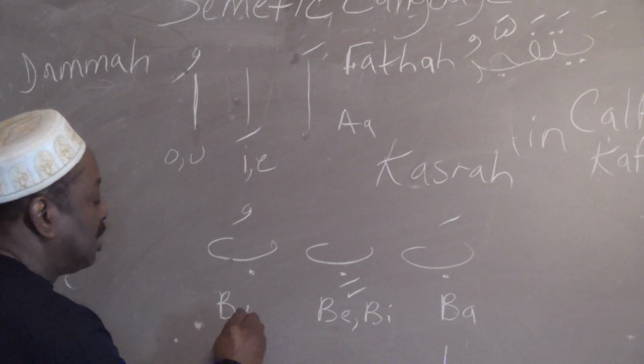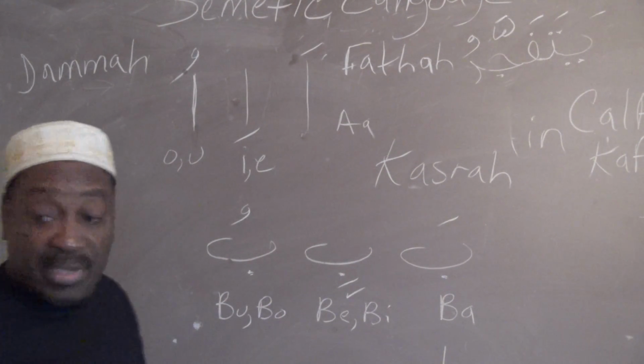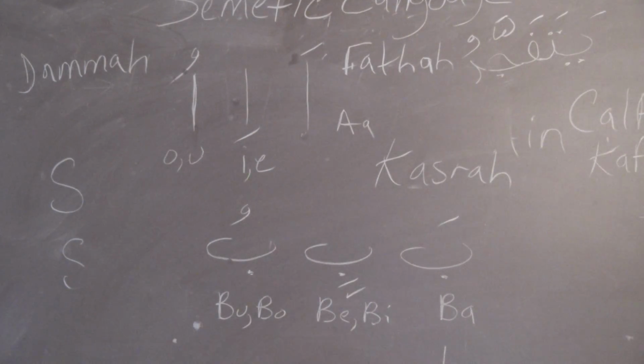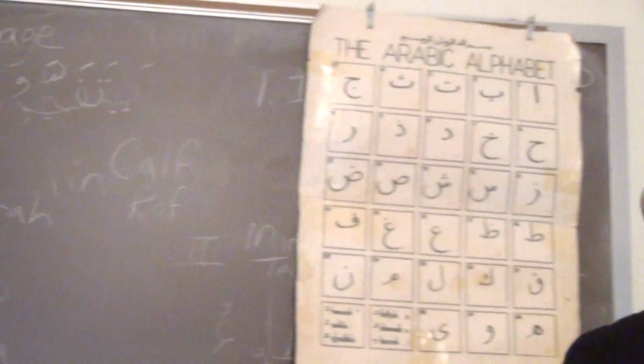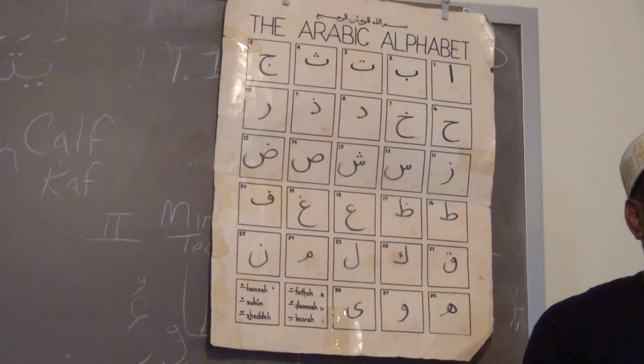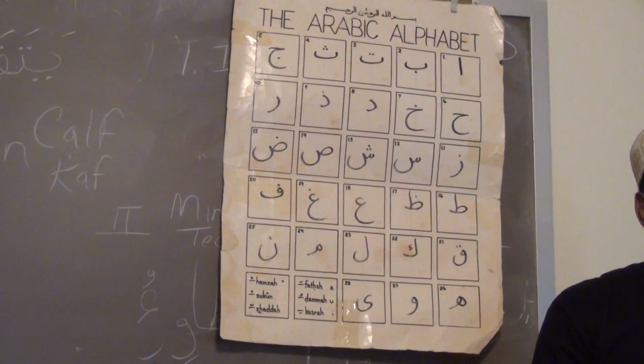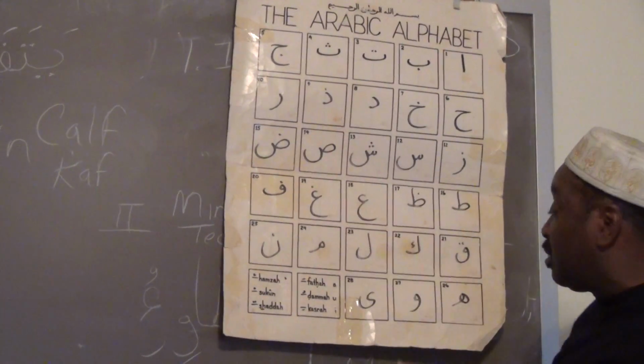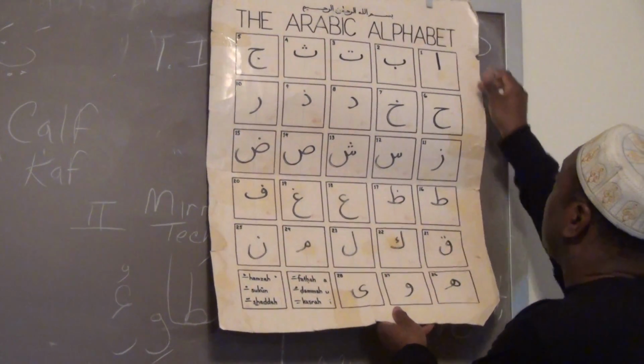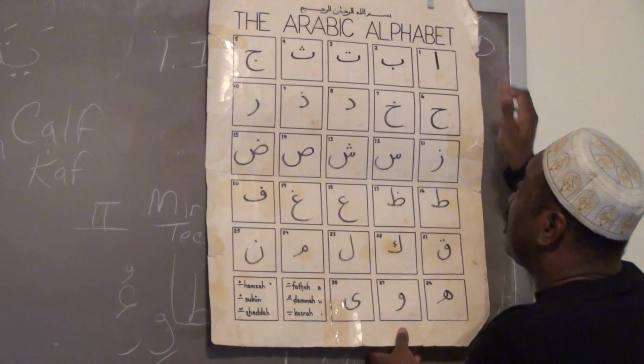So with that in mind, let us take each one of these letters up here and apply the diacritical mark. You're on your way to reading Arabic now, but you just have to realize how these letters look when they are connected, because they will take a slightly different shape sometimes.